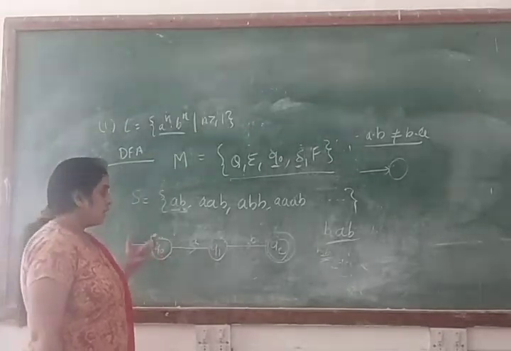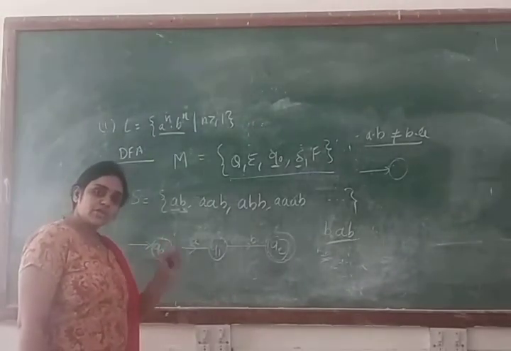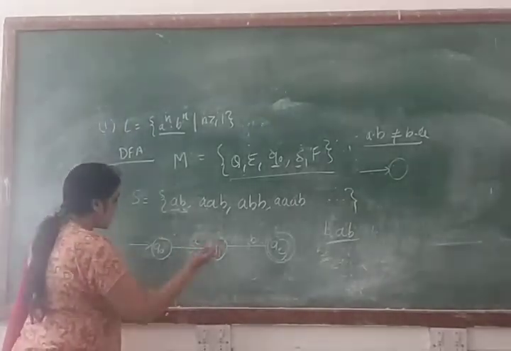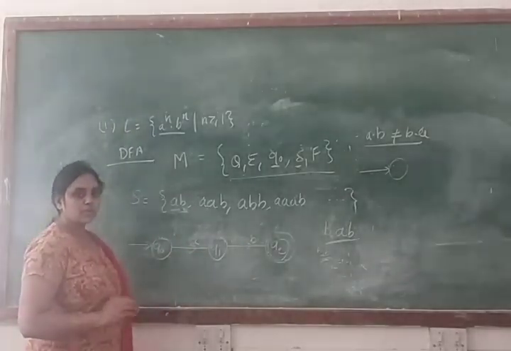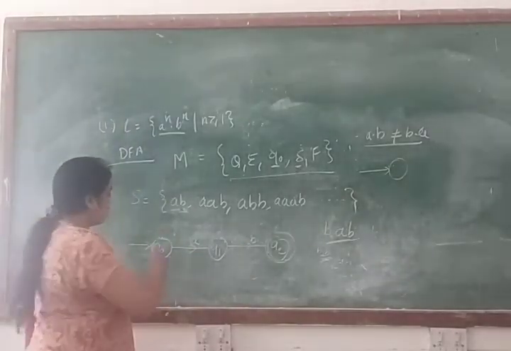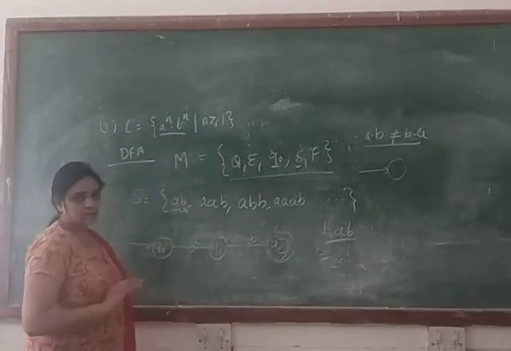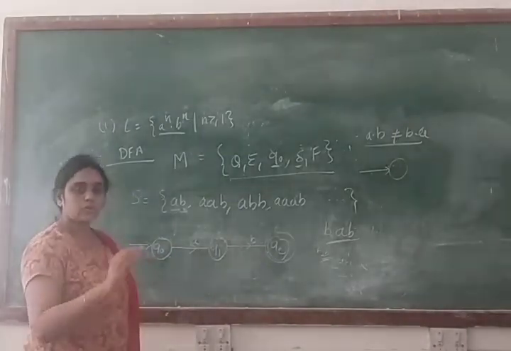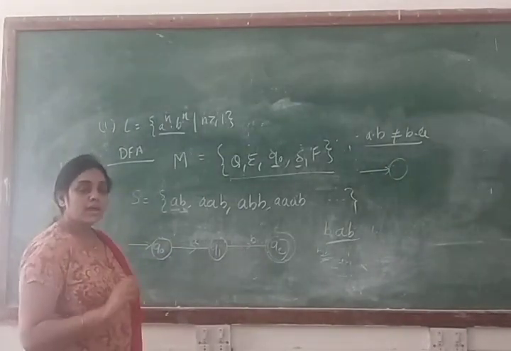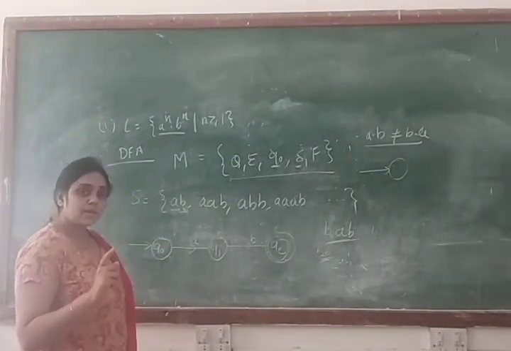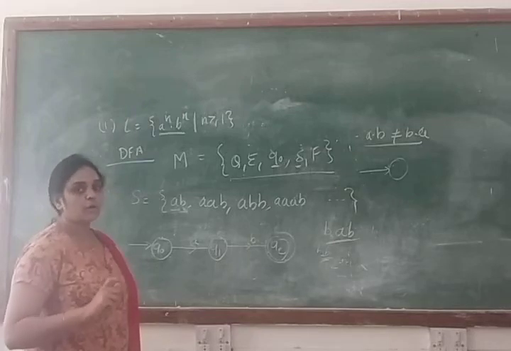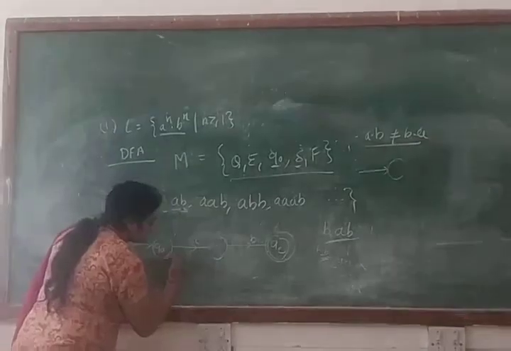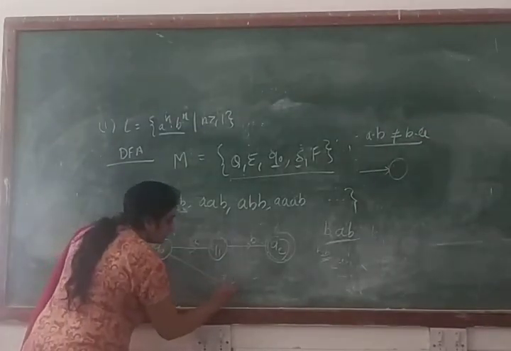According to the DFA, each and every state must have a transition for every input symbol. We have checked all the possibilities for that machine, but you cannot make a transition from Q0 to any other state, meaning Q0 to Q0, Q0 to Q1, and Q0 to Q2. In that case, you have to follow the property of DFA, so you will make a transition from Q0 to the dead state.